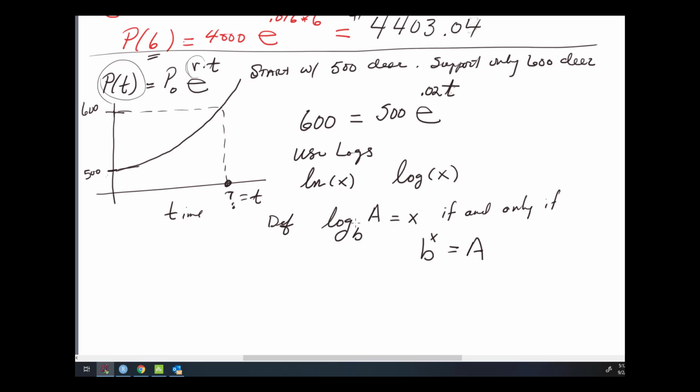Logarithms are exponents then. This says the log of a is equal to x, and that means that if I take b, the base, and raise it to the power x, I get a back. The logarithm is an exponent.